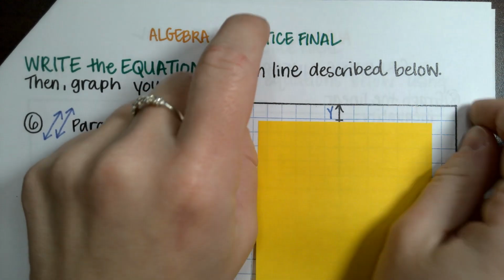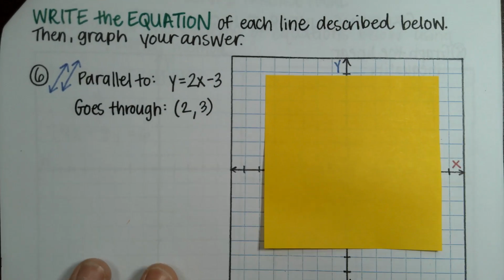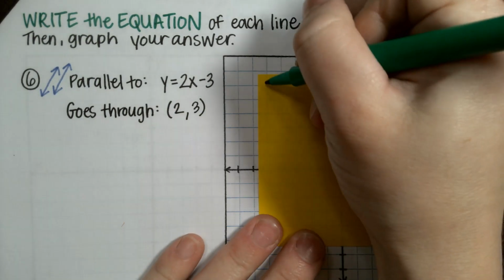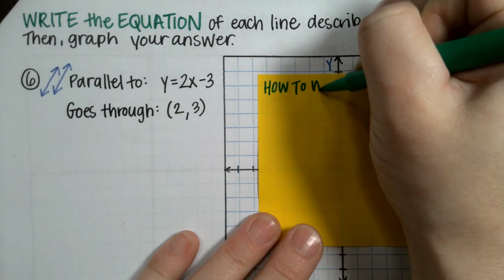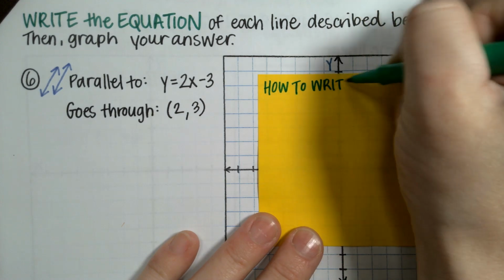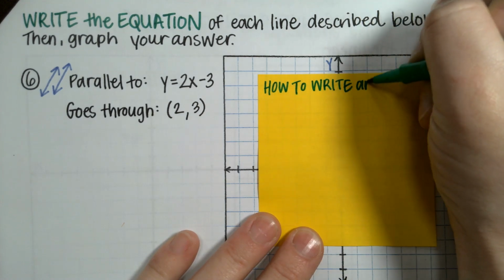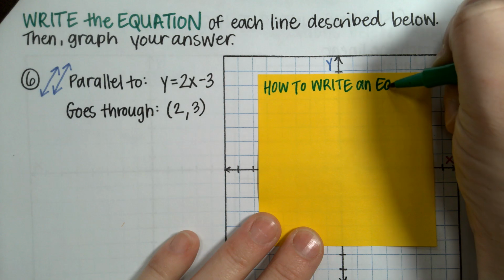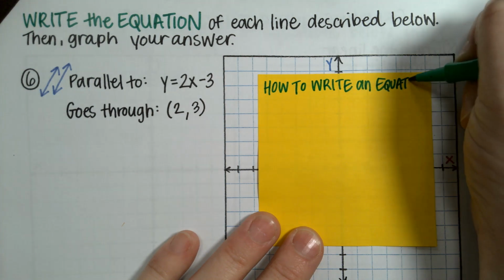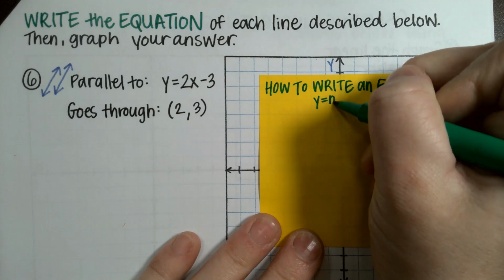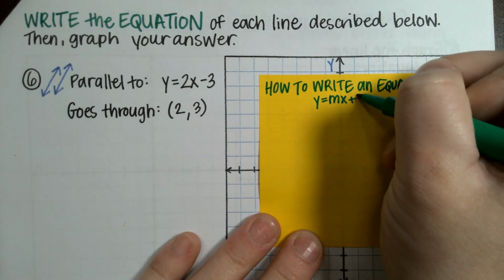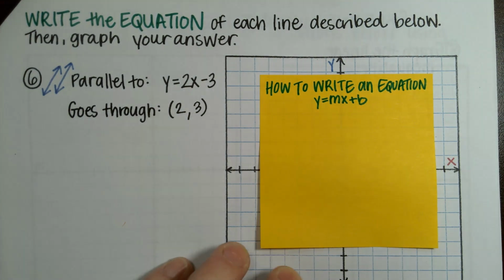Yeah, so here I'm going to write these out to the side for you guys as a little review. How to write an equation. And this is in y equals mx plus b, slope-intercept form. I'm not going to have you write any equations in standard form.